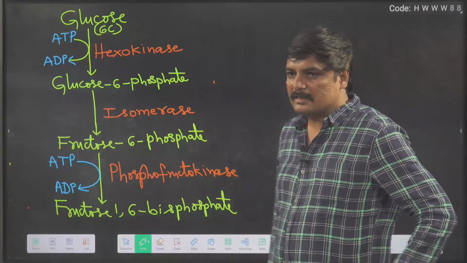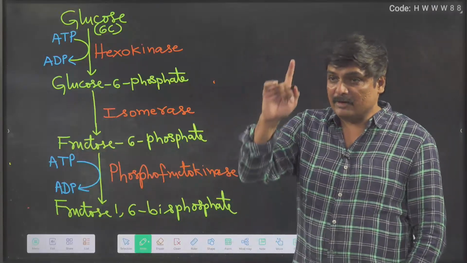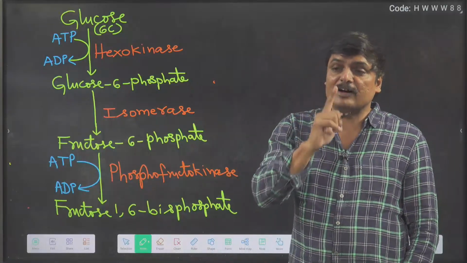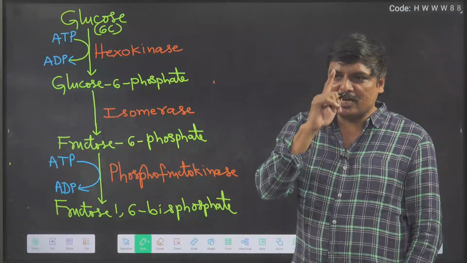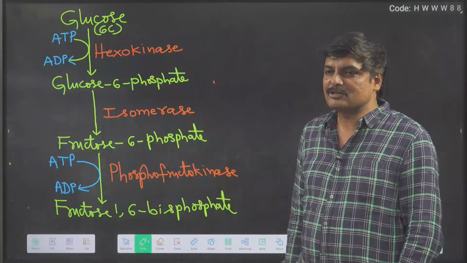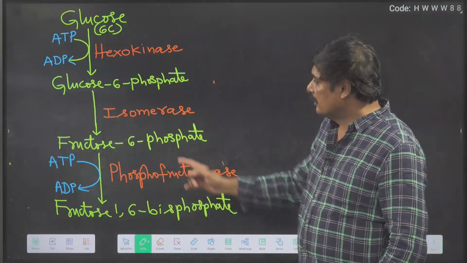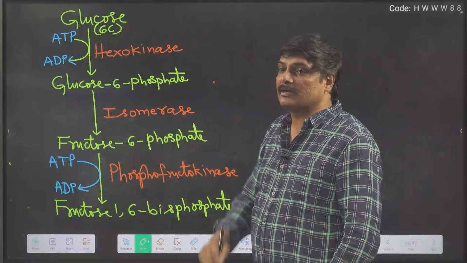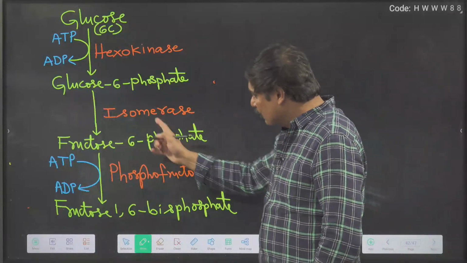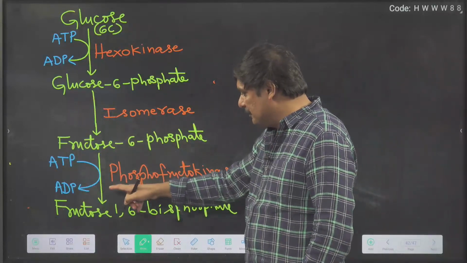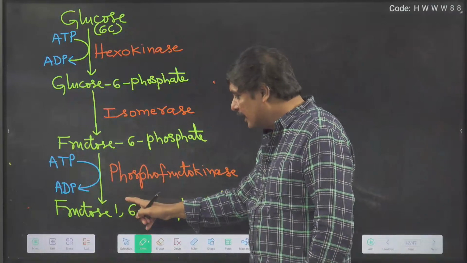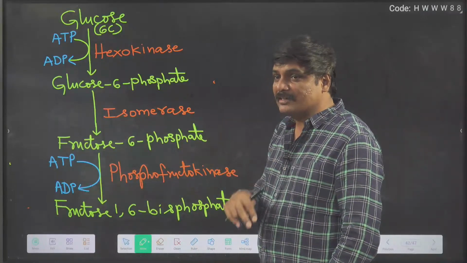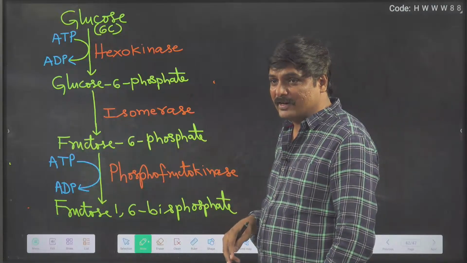What is the third step? Again phosphorylation. The second phosphorylation. Addition of phosphate from ATP is called phosphorylation. So already one phosphate is there at the sixth carbon. One more phosphate is added from ATP here at the first carbon, so that now two phosphates are there on the fructose 1,6-bisphosphate.